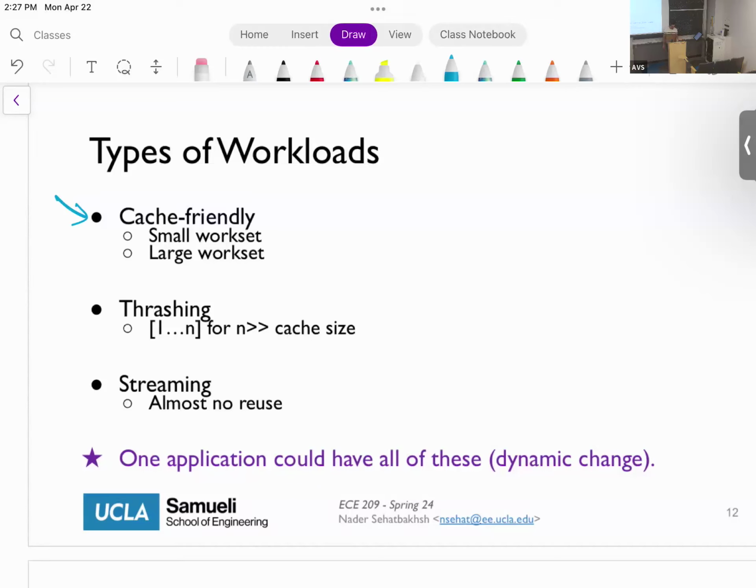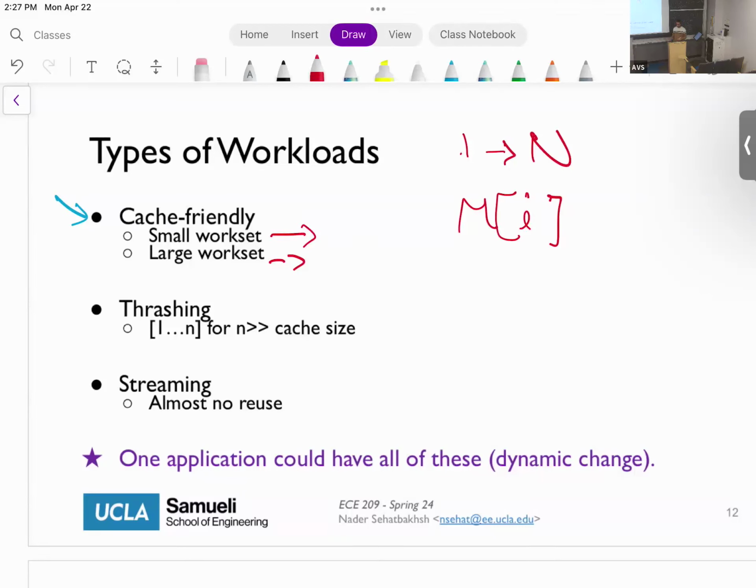The big thing about these cache-friendly algorithms is that they might have a very large working set, or they might have a small working set, right? The difference is that those with a large working set need more cache, and those with a smaller working set need a smaller cache. So think about this: for example, we are accessing an array M from address 1 to address N, okay?